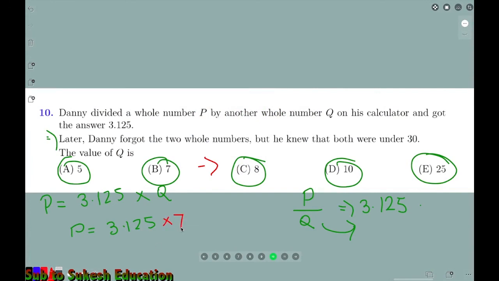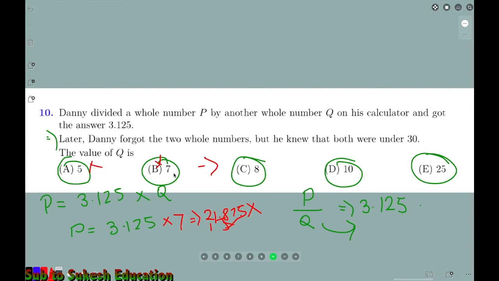3.125 times 7. We know that they're whole numbers, right? So this comes to 21.875. That's wrong because it has the decimal points. So let's multiply that by 5. That again comes to 15 point something. That's not working.